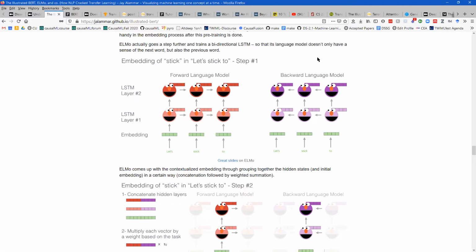Because that hidden state is actually a contextualized embedding of that word at that time step, you would just take those hidden states and append them. So you would get a forward context and a backward context when you append them. Yeah, that's a very nice summary.